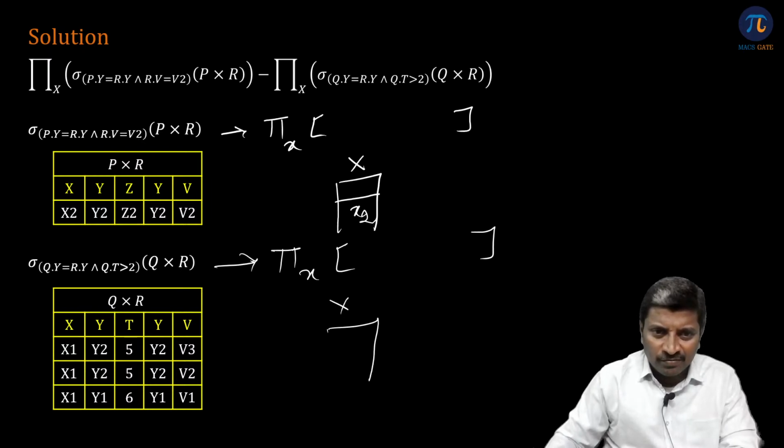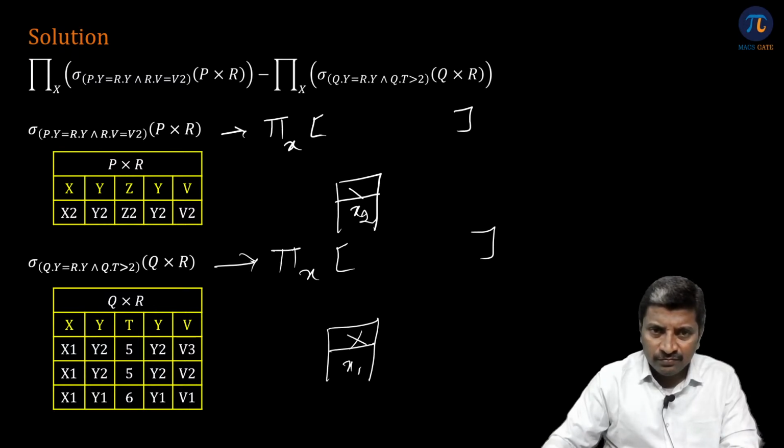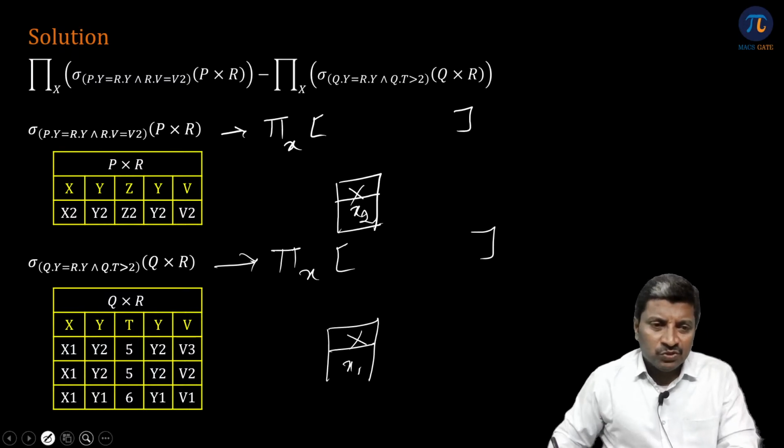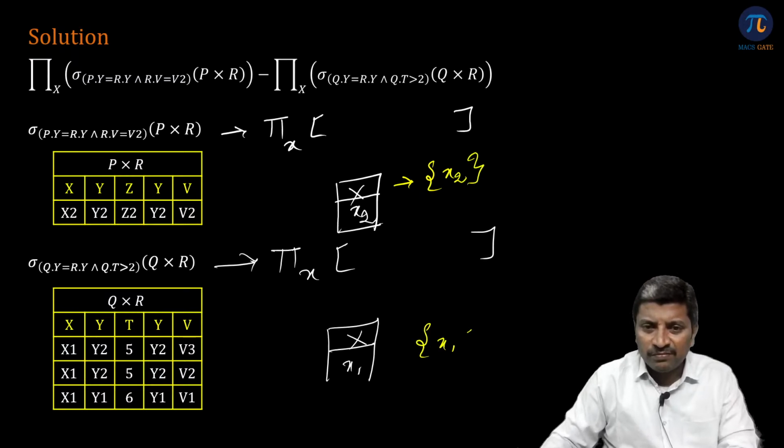Then you get X1. So this is the X column. This is the X column. Right, sir? So let me write in set notation. Here I have only X2. Here I have only X1.